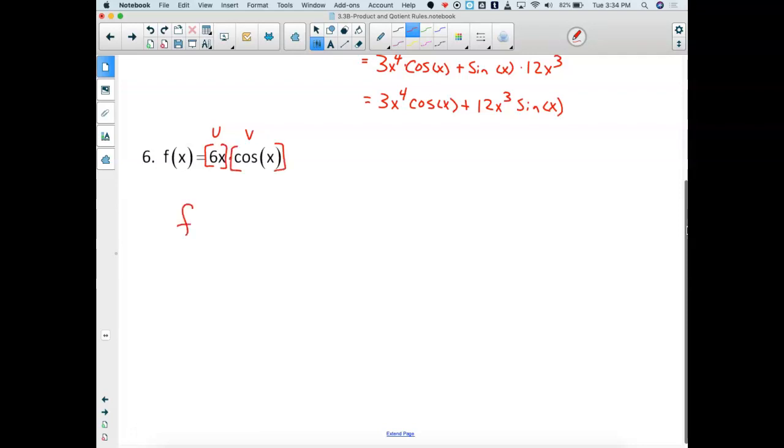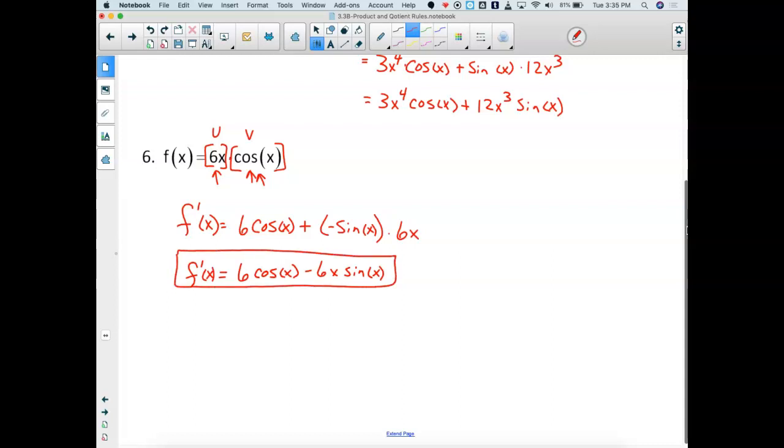So f prime of x is, I always say the derivative of the first term is 6, multiplied times my second one, cosine x, plus the derivative of cosine is negative sine x times my second function, 6x. Then I clean it up really quick and I say 6 cosine x minus 6x sine x. That is what my derivative will be.